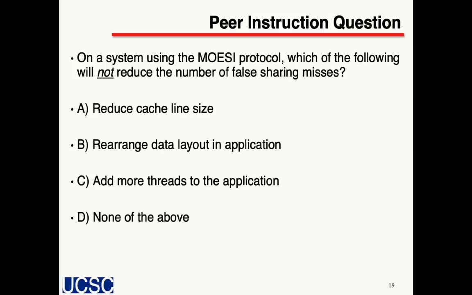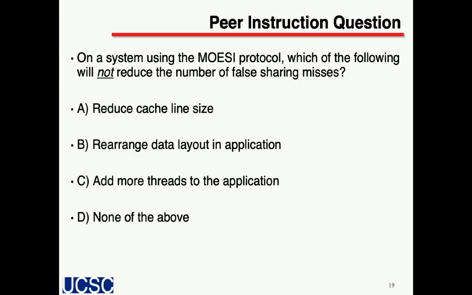Yeah, I had another objection to C. I don't think C is the right answer either, but for a different reason. I mean, I think if the question is saying which of the following will not reduce the number of false sharing misses, you're also saying which of the following guarantee to increase the number of false sharings. And adding more threads to the application could change the behavior of the thread arbitration in a way that's positive.